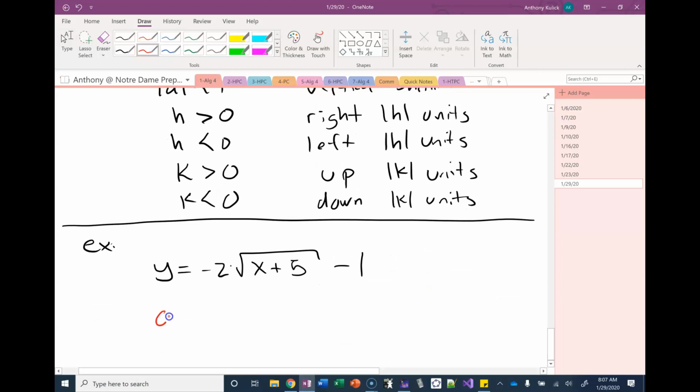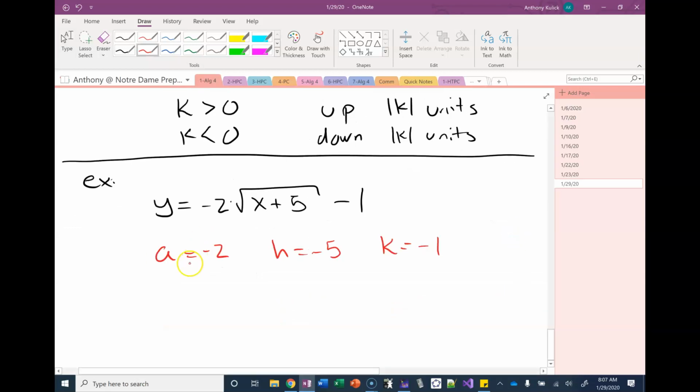What are our values for A, H, and K? A is -2. What is H? -5. And K is -1. Remember, the h's are always the opposite sign of what it appears in the function.